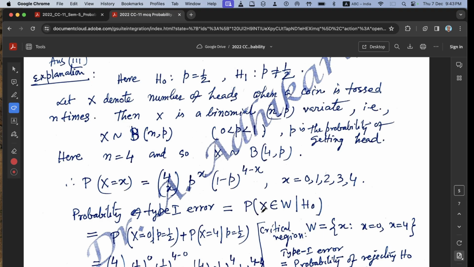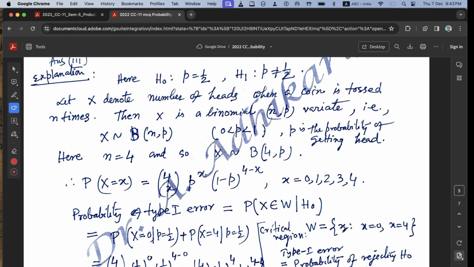X belongs to the critical region means H0 is rejected. So type 1 error is the probability of rejecting H0 when H0 is true. When H0 is true, but we reject. So this is the probability of rejection of H0.